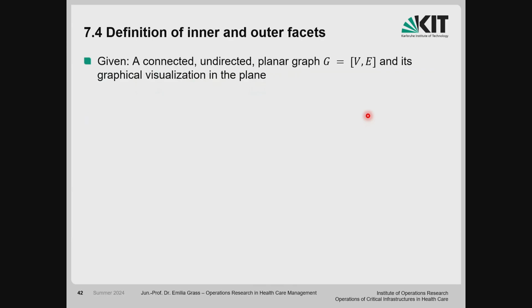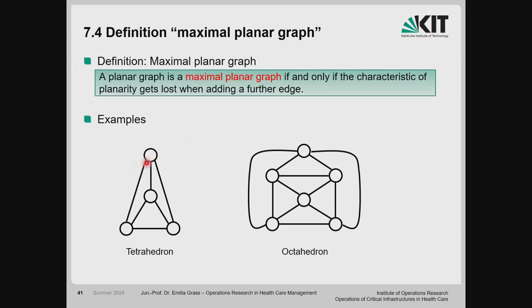Okay, so before we go into this detail, we need some definitions from graph theory. Maybe it will help you in other lectures as well. We start with a connected, undirected planar graph. Undirected simply means that there are no arrows here. So they are connected, but it's not that it goes from here to here, for instance.